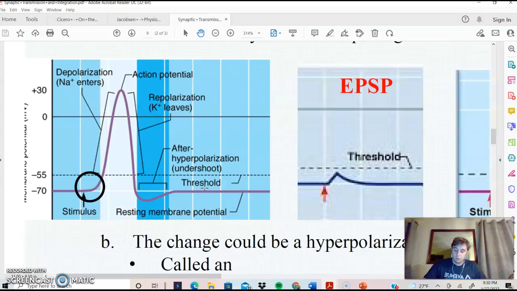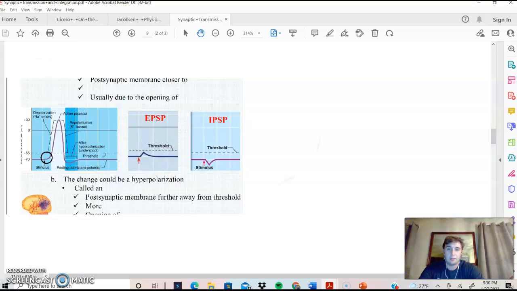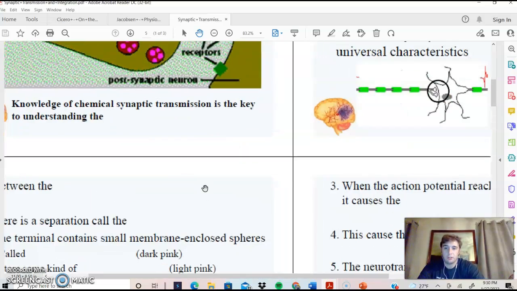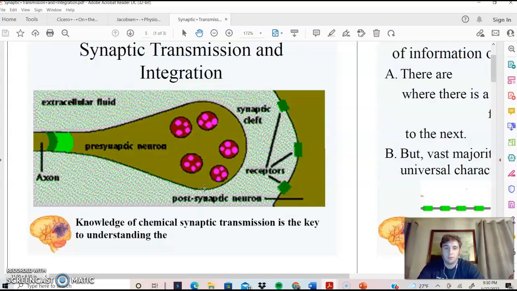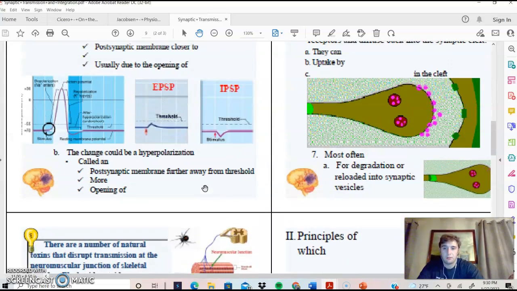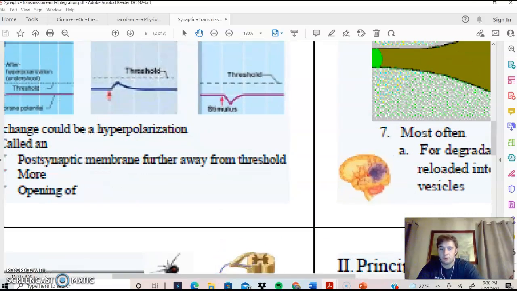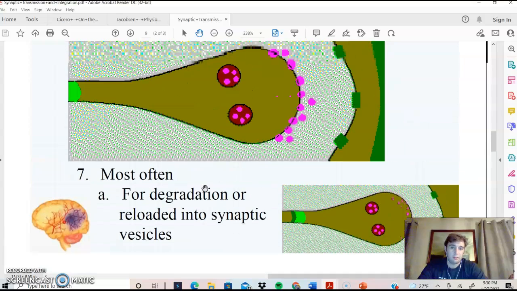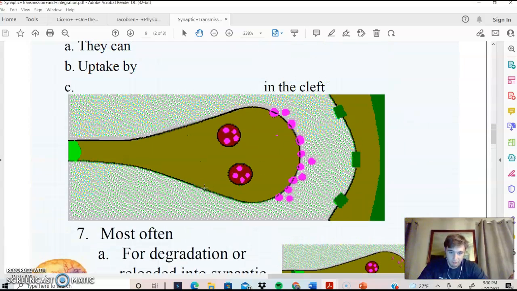Once the neurotransmitter leaves the little balls on the first slide, if we go back up one, once they leave this little ball here, they move across the presynaptic membrane.